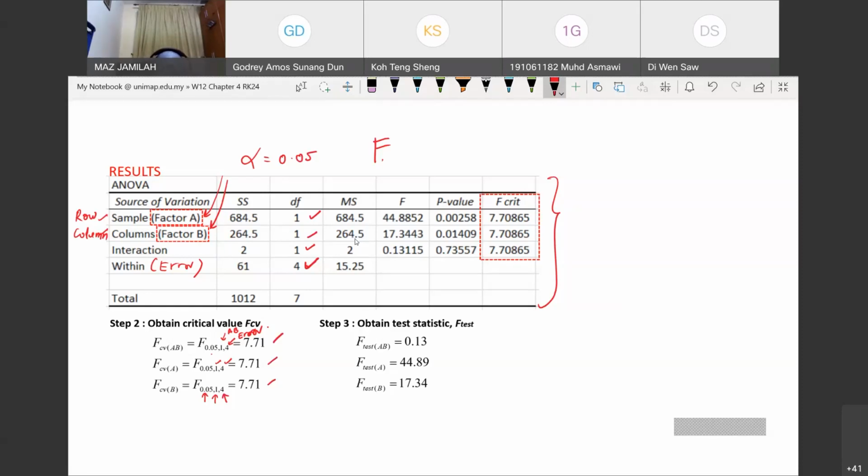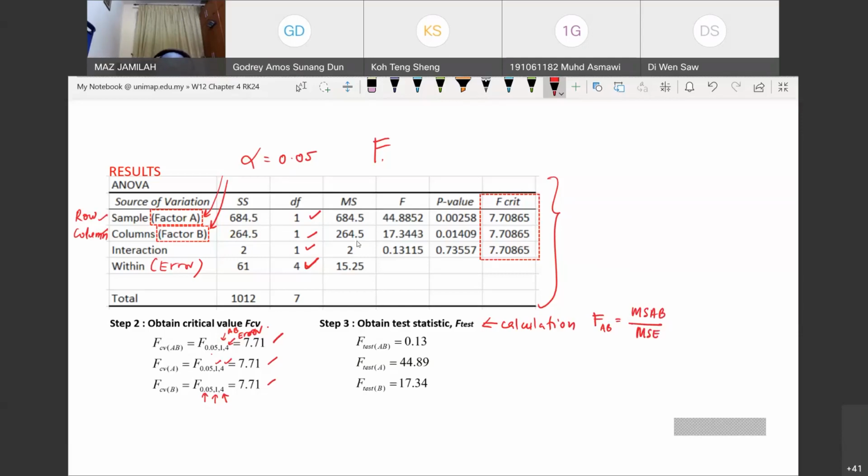Next, step 3, obtain the test statistic. Your test statistic is based on your calculation of F. If you are talking about the interaction effect AB, then you have MSAB divided by MSE.